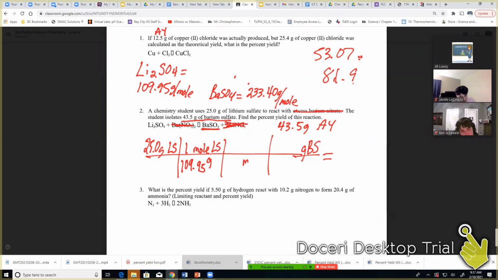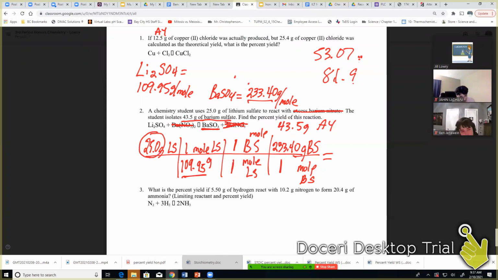And then here we have moles of lithium sulfate. So this is where I'm doing my moles of my known, which is just 1, and my moles of my unknown, also 1, right? And then finish it out with moles of barium sulfate. And I gave you the molar mass, 233.40 grams per 1 mole. And then we just multiply across, and the only thing we have to divide by is on the bottom.